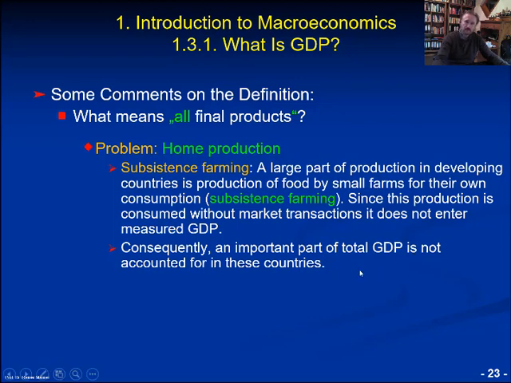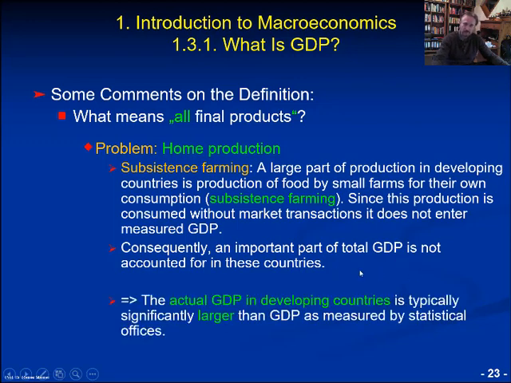So here we have a real big information gap. The actual GDP in developing countries is typically significantly larger than the GDP as measured by statistical offices. This is something we have to take into consideration if we compare GDP of developing countries with the GDP of developed countries, where subsistence farming plays not such an important role.